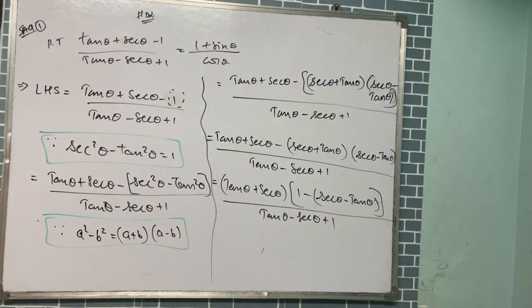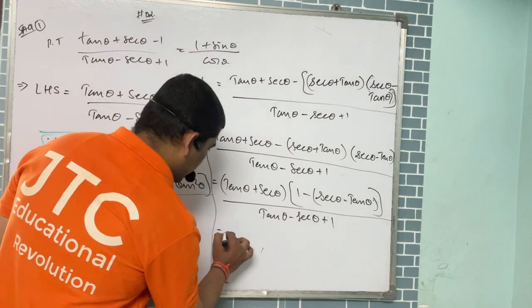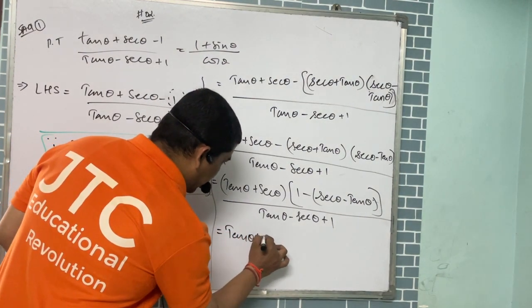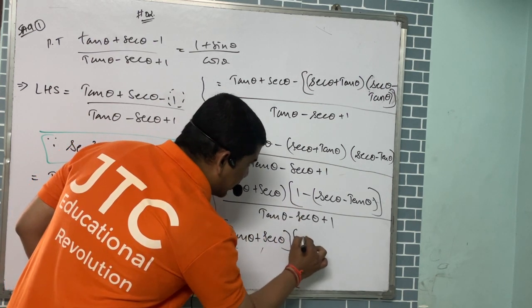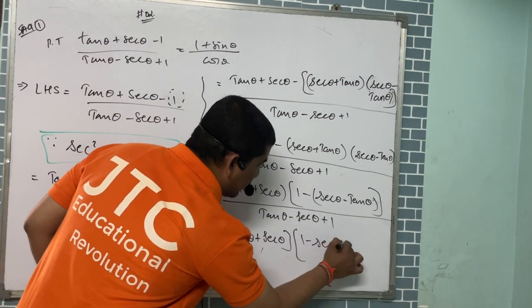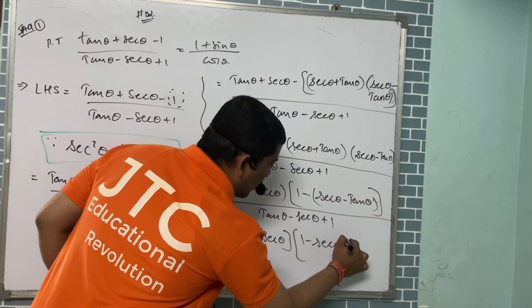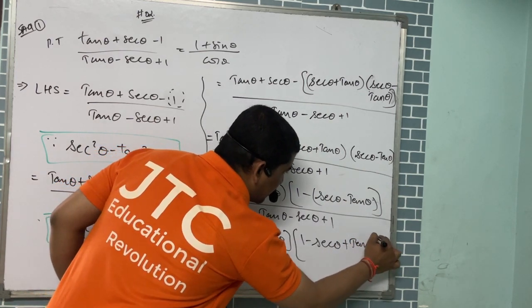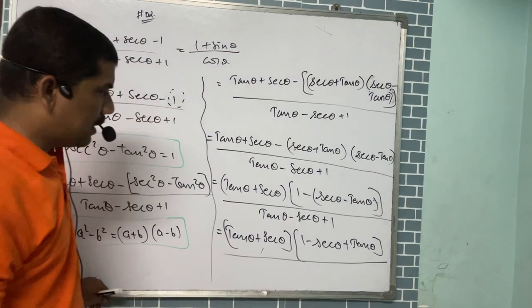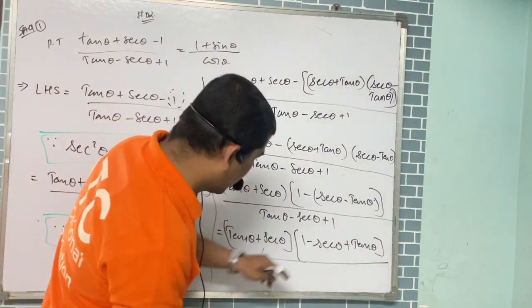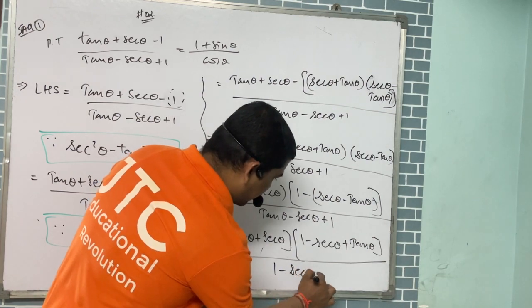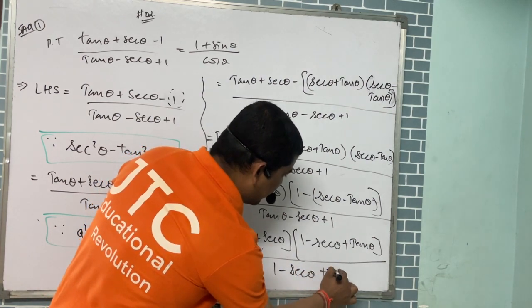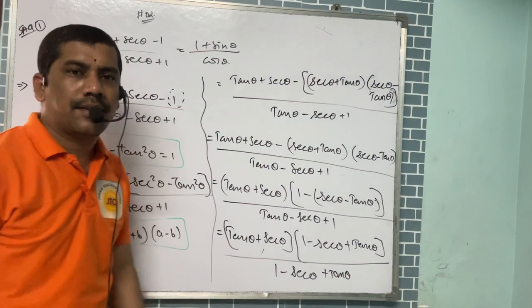Getting the idea, everyone? Now, if you look very carefully, tan theta plus secant theta as it is. The denominator I can change like this: 1 I am writing first, then minus secant theta, then plus tan theta. I am just rearranging the terms.